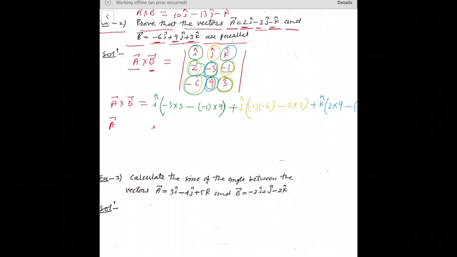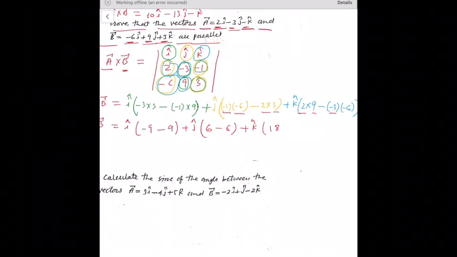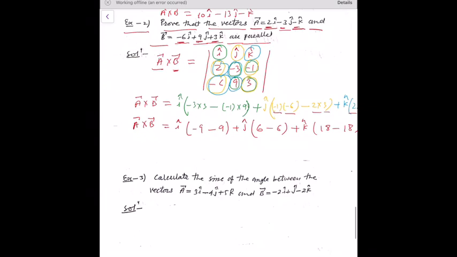So A vector cross B vector is equal to I cap (minus 3 into 3 minus 9, minus minus plus 9 into 1, 9) plus j cap (minus 6 into minus 1, plus 6, 2 into 3, minus 6) plus k cap (2 into 9, 18, minus 3 into minus 6, plus 18, so minus 18).